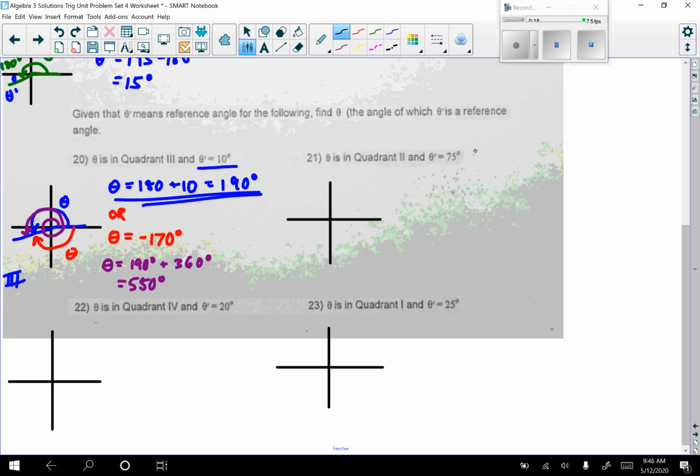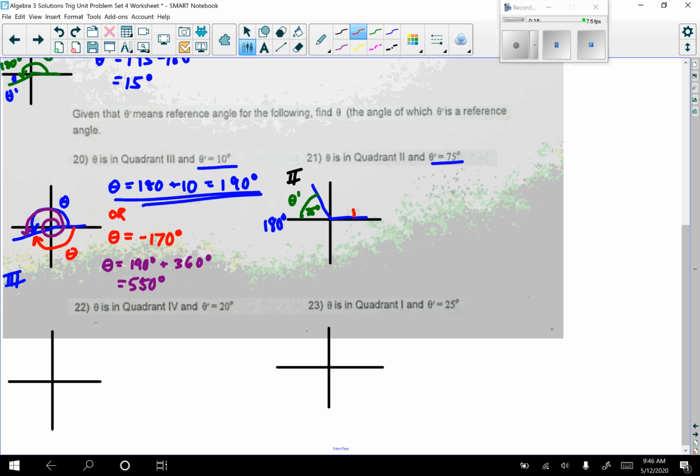So here theta prime is 70 degrees. We're in quadrant 2, so we're over here. Now this means, again, we're 75 degrees before 180. So if I were to draw my initial side here, I'm 75 degrees before it, so I'm going to have my terminal side up here. Because remember, it's this part that's theta prime. That has to be the 75 degrees.